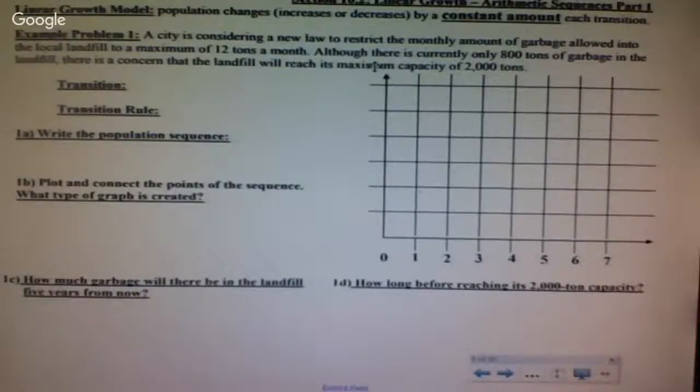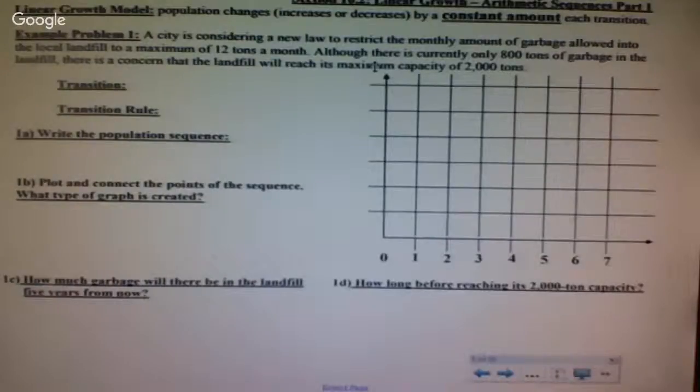So, all we're allowed to add to the landfill every month is 12 tons. Even though there is currently only 800 tons of garbage in the landfill, there is a concern that it will reach its maximum capacity of 2,000 tons. This is a real-world problem. They use this to do these types of things.